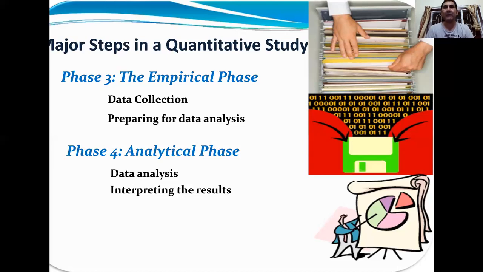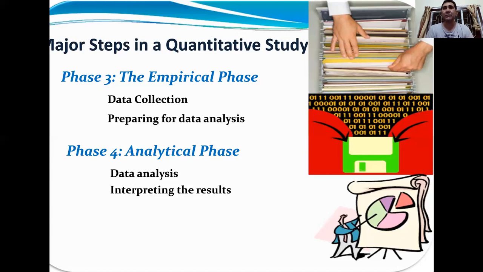For the data entry, different types of tools are available in software. The most famous software nowadays for data entry and data analysis is SPSS, the Statistical Package for the Social Sciences.